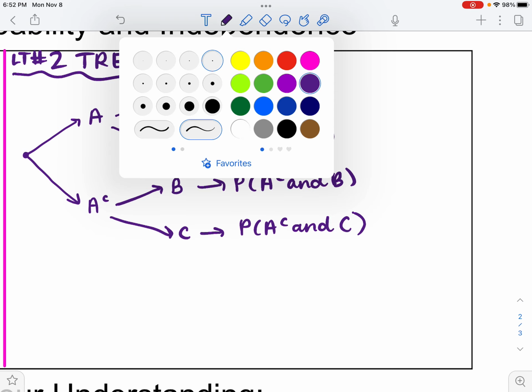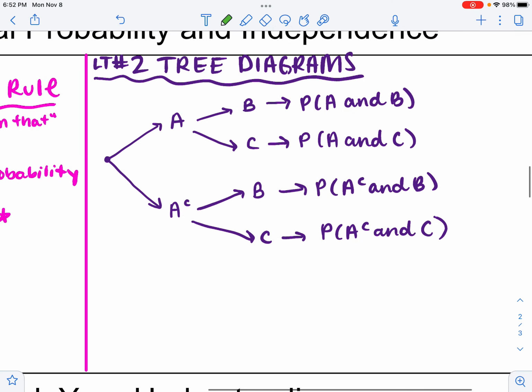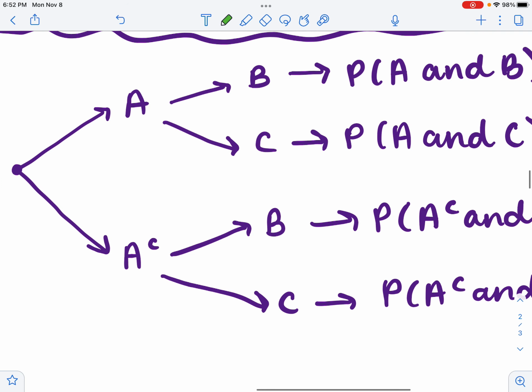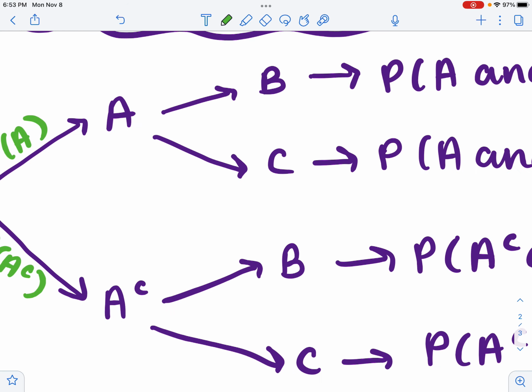And I also want to add in here some of those probabilities as well. So remember, we always start with the probability of just the first event, so probability of A, or the probability of A complement. And then it becomes conditional probabilities, right? After A happens, then my probability here is the probability of B, but given that A has already happened. This next one is the probability of C, given that A has already happened.